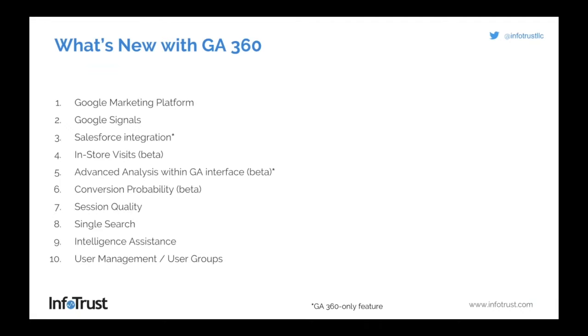We'll talk about Google Signals, the Salesforce integration, in-store visits, which is very, very interesting, advanced analysis within the Google Analytics interface, conversion probability, which is a new metric that's been introduced within Google Analytics, along with session quality, which is another metric, the single search functionality within the interface, the intelligence assistant, which I think is one of the coolest pieces of Google Analytics, and then also user management and user groups really for the enterprise.